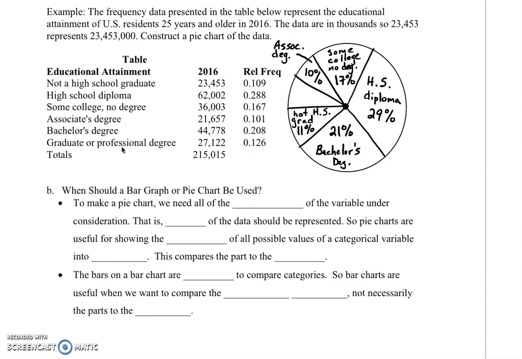And our last category is a graduate or professional degree, which is about 13% if we round. So 13% in the last sector, and we'll call that graduate degree, just because we don't have space to write the whole thing out. So that's how we can make a pie chart.